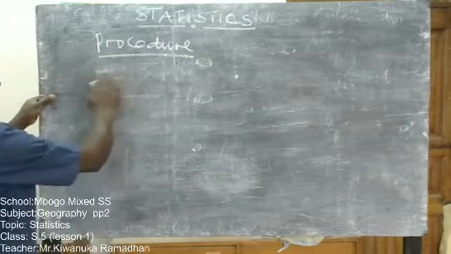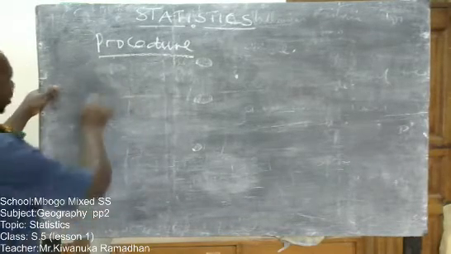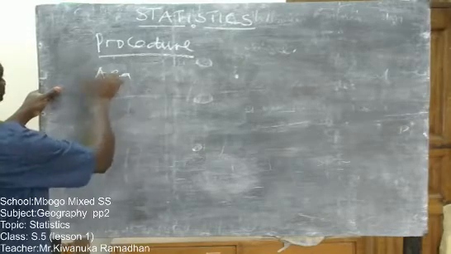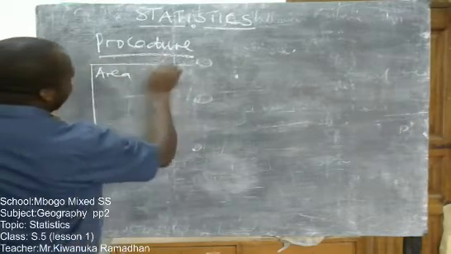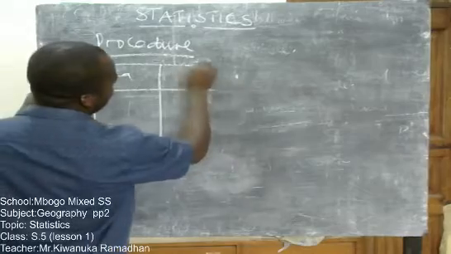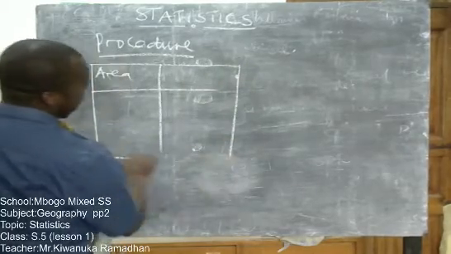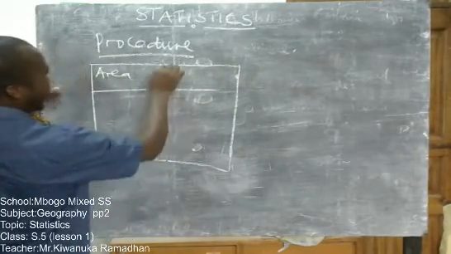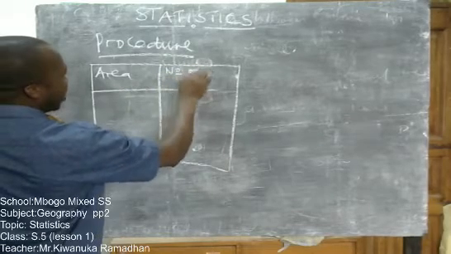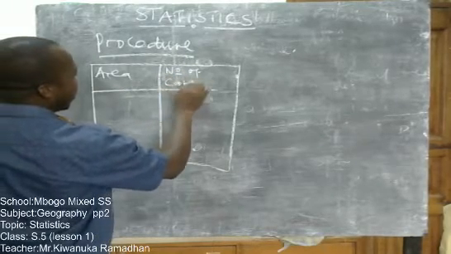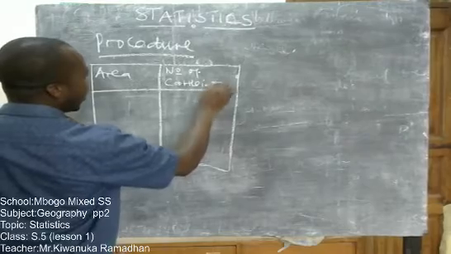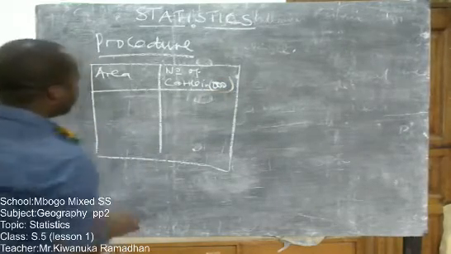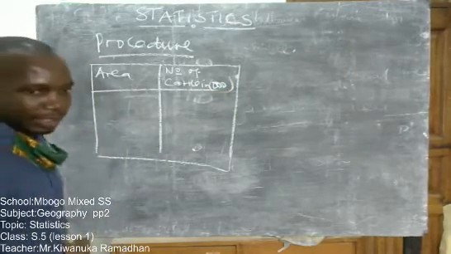So when we arrange those values, it is going to give us a table like this one. That is our area. Then this is the number of cattle, it is in thousands.